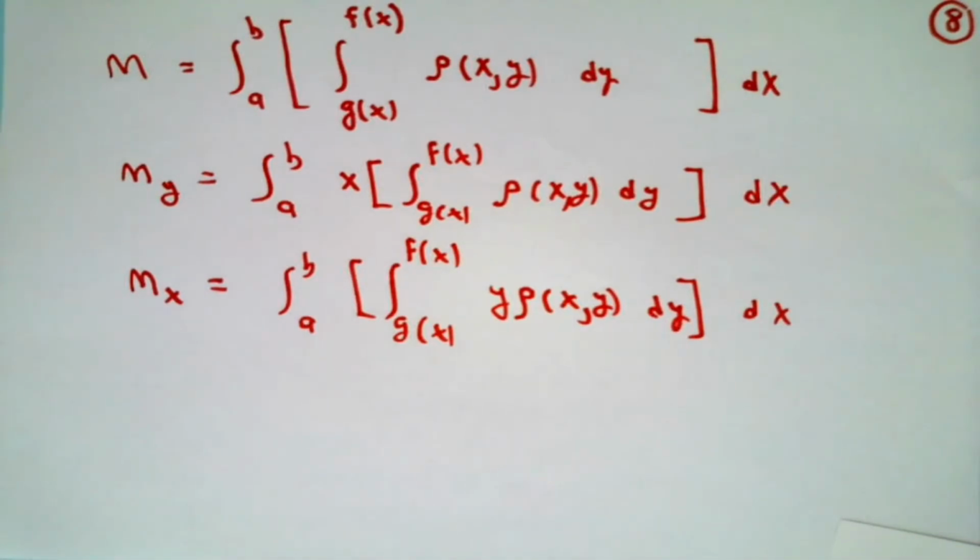Think to yourself, constant factors in an integral are easy to deal with. Now that we know the mass, the moment about the y-axis, and the moment about the x-axis, it's easy to figure out the center of mass.